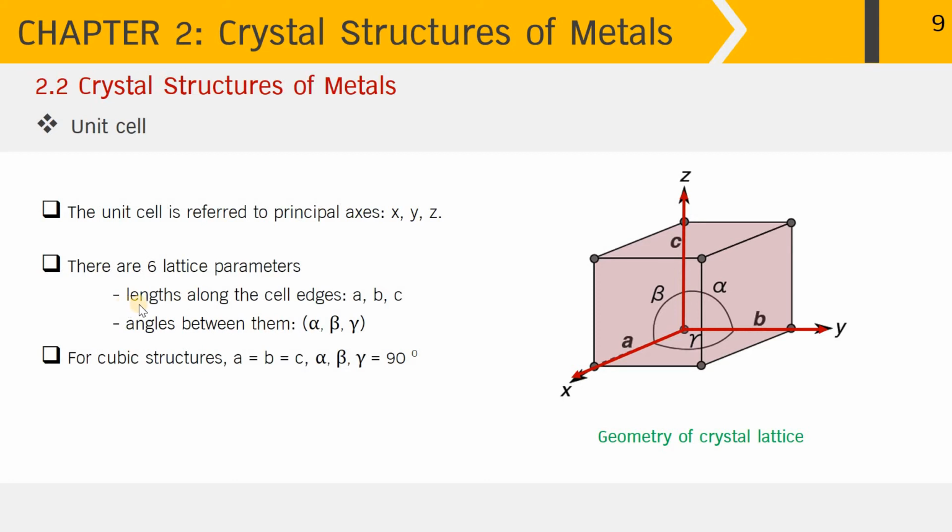The first 3 are the lengths along the cell edges, which are a, b, and c. The other 3 are the angles between them, here alpha, beta, and gamma. And for the cubic structure, like this, a, b, and c are equal, and hence alpha, beta, and gamma are 90 degrees, or normal to each other.